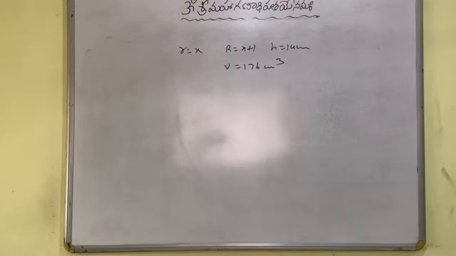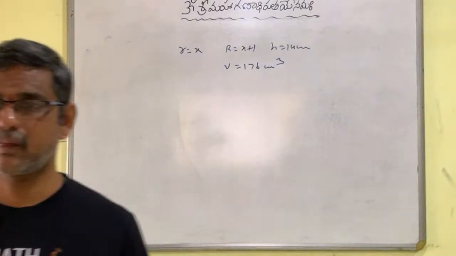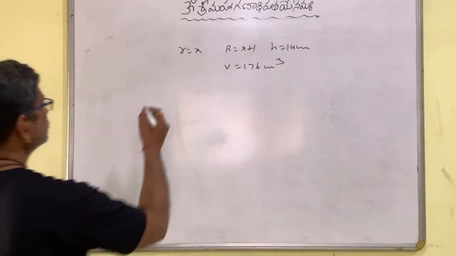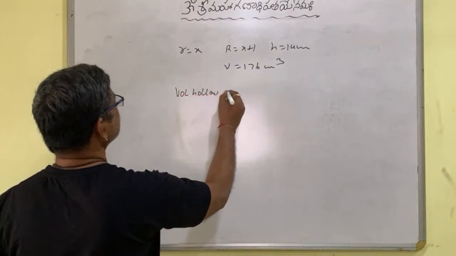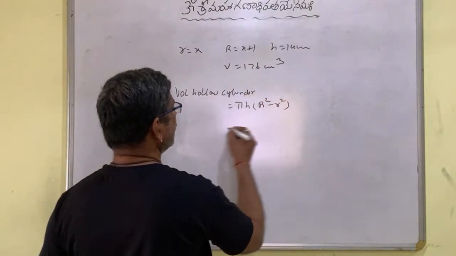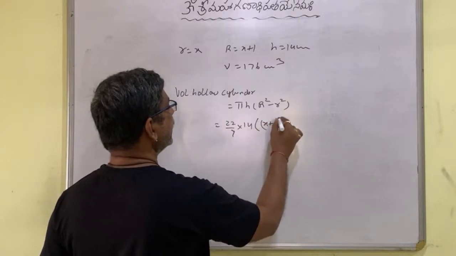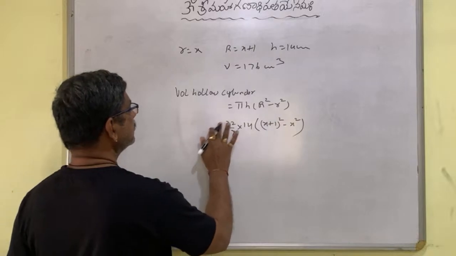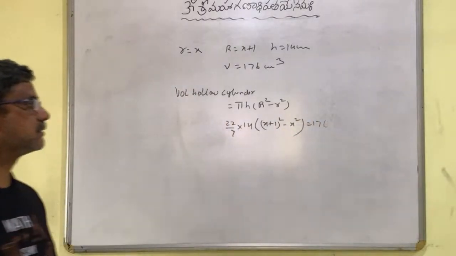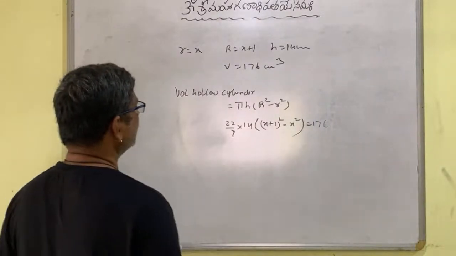Volume of hollow cylinder is pi h into capital R square minus small r square. 22 by 7 into 14 into (x plus 1) whole square minus x square is equal to 176. Now simplify, children.